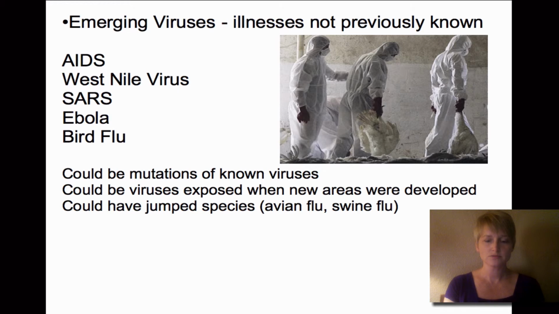A lot of times we'll see a virus that we know birds get, or that pigs get, and we're familiar with it, but it doesn't move to humans because these viruses often can't move back and forth between animals. But if there's a mutation that allows it to move between the two species, then suddenly we are struck by a virus that used to only be in that animal.